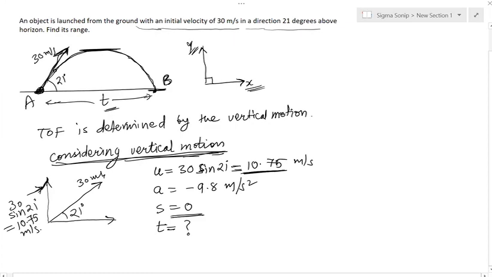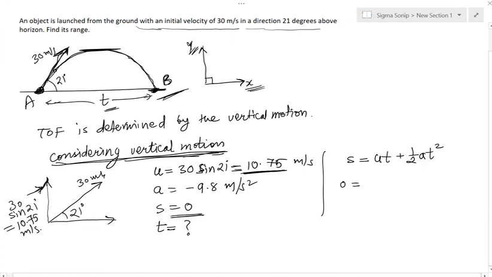This is the time which we are trying to calculate, which the object is taking to go from A to B here in our horizontal direction diagram. When you look at these quantities, you should be able to see that we will have to use the equation s equals ut plus half at square.